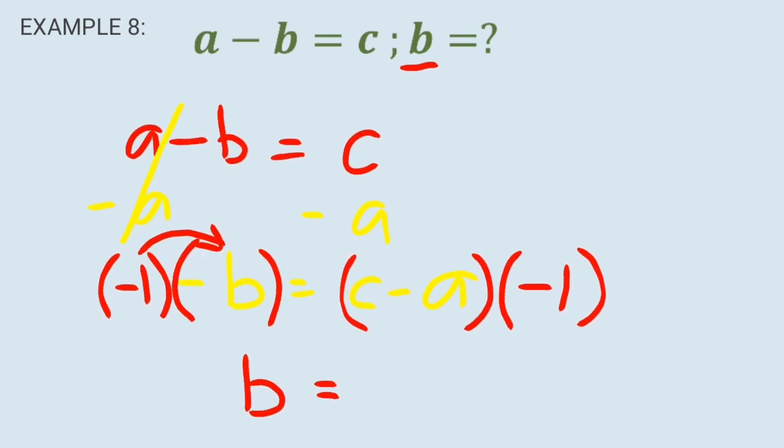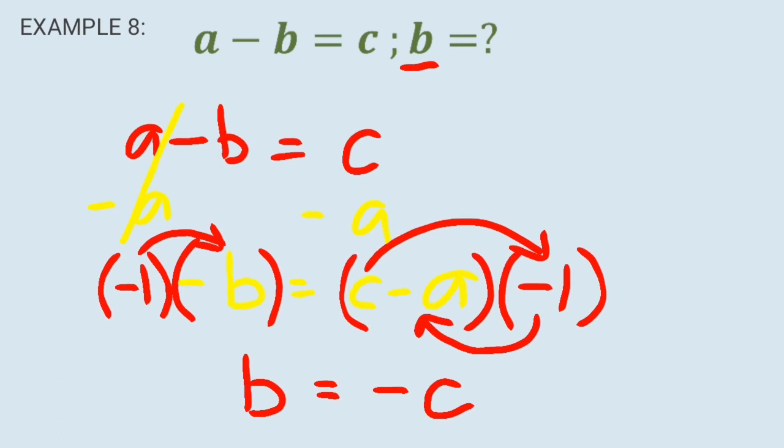Now what is c times negative 1? It is negative c. And what is negative 1 times negative a? When we multiply numbers having the same sign, it will become positive.